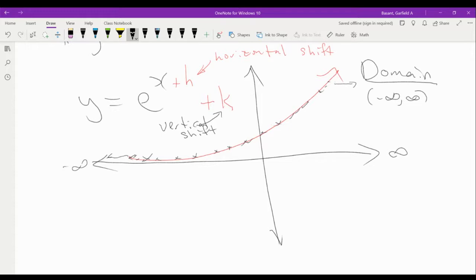All right, what about a range? How high is the graph going up? So the range is a y value. I agree, Martha. So what are the y values that will actually work for this function?